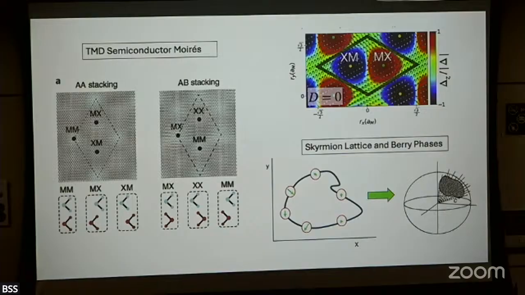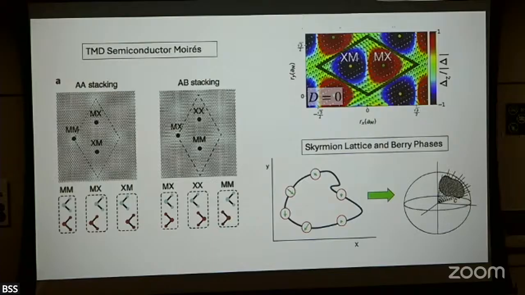So I'm going to say in a minute that, in these AA Moirés, you do have places within the same unit cell in which the two honeycomb sublattices are stacked in the Bernal type arrangement.